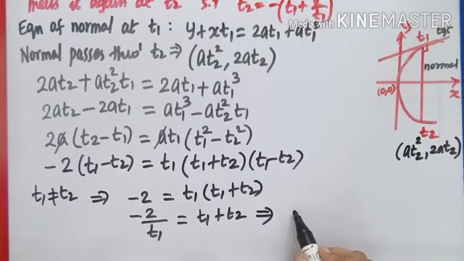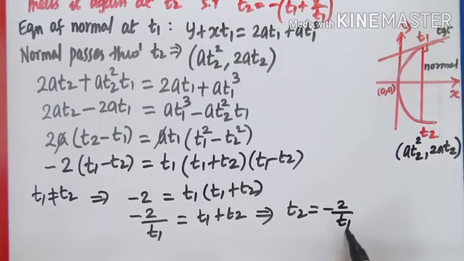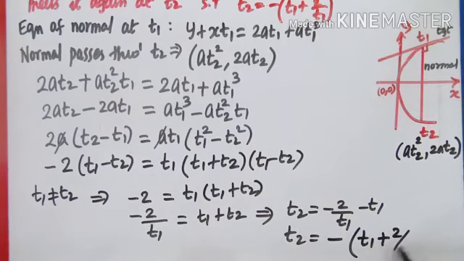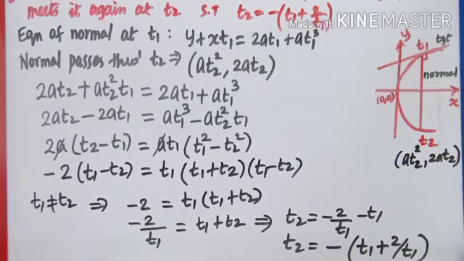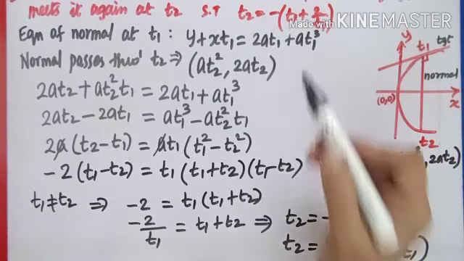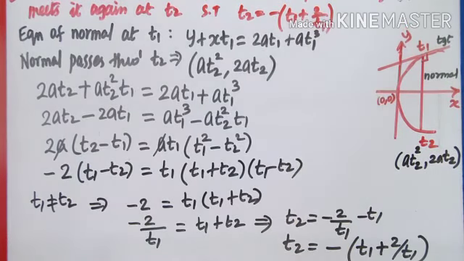Or this further tells me T2 equals minus 2 by T1 minus T1. Or taking the minus symbol as common out, T1 plus 2 by T1, and that is the result to be shown. So we have shown T2 equals minus of T1 plus 2 by T1.